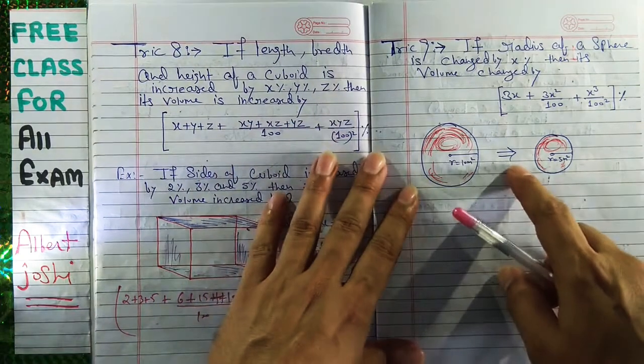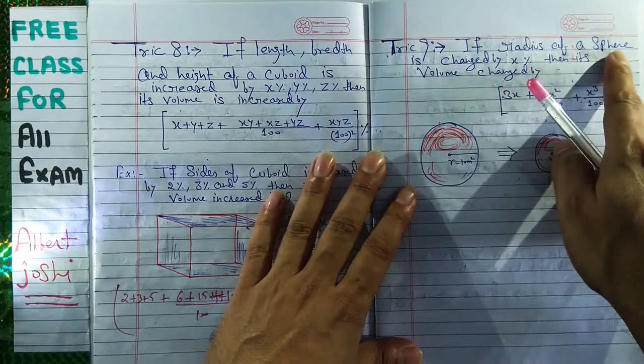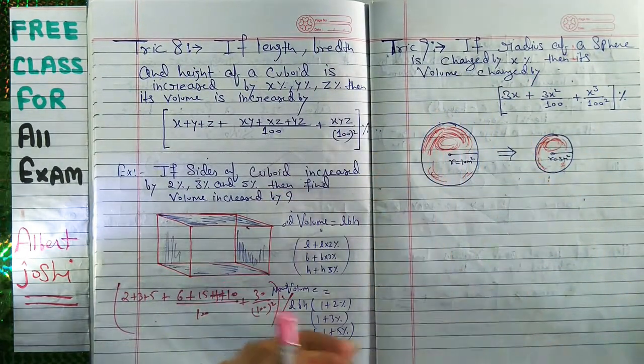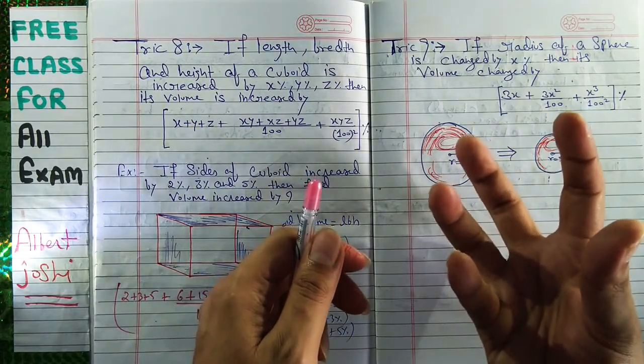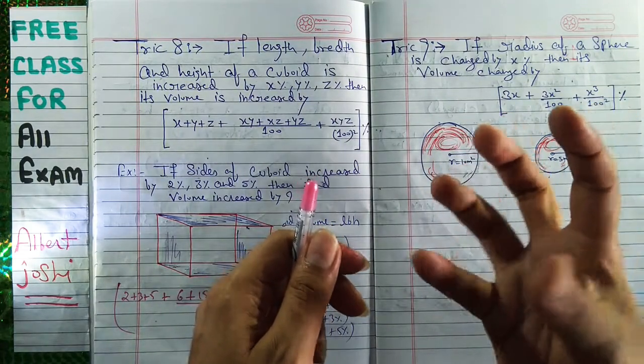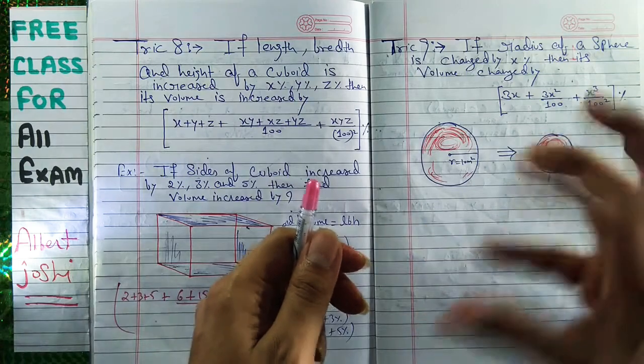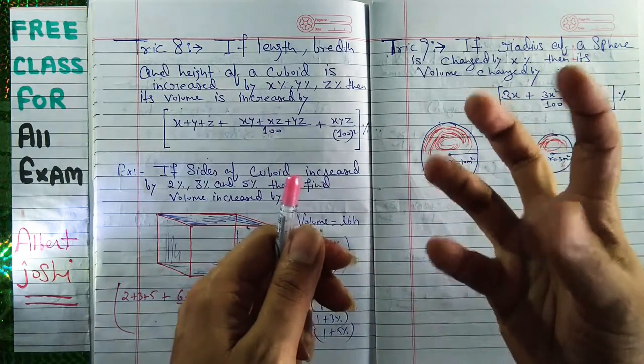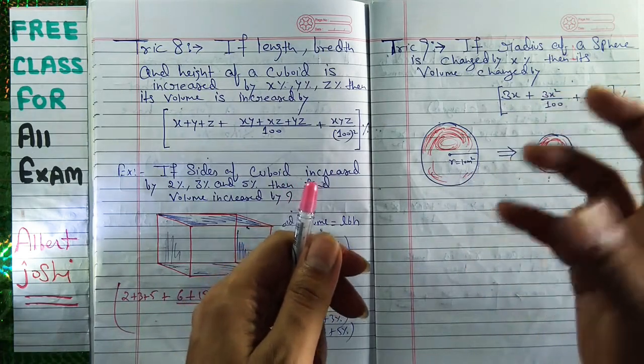Now a similar question: if the radius of a sphere, meaning a ball, just like you can also think about the earth. Its shape is not exactly a sphere, but you can imagine its shape is just like a sphere. Your ball that you play with in the ground.